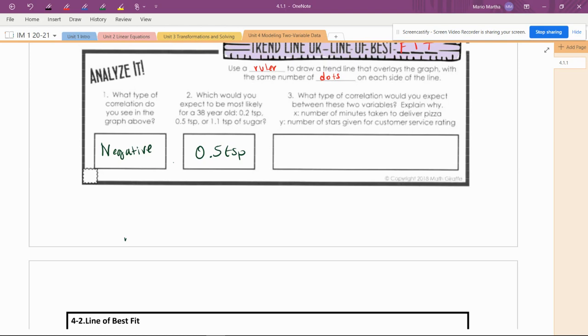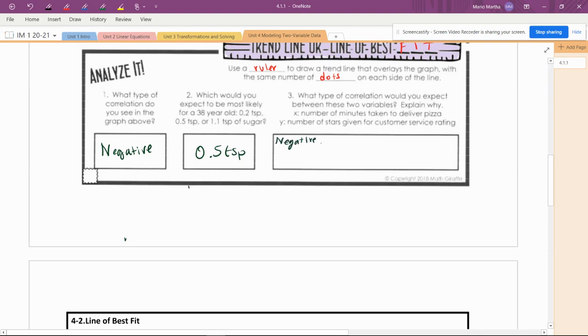Or is there no correlation? It doesn't really matter, people don't really care what time the pizza is there. That would be no correlation. Or finally, as the number of minutes taken to deliver a pizza increases, does that mean the number of stars given for customer service would decrease? The case here would be that we have negative correlation.